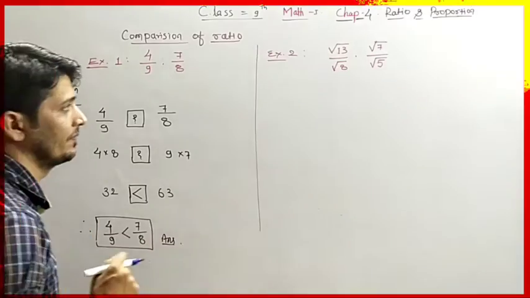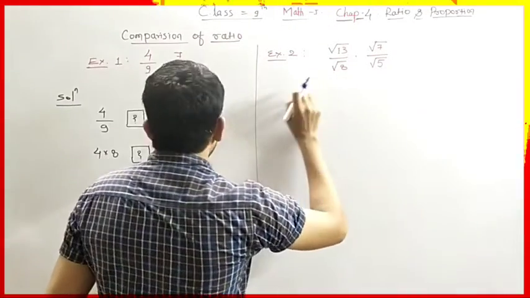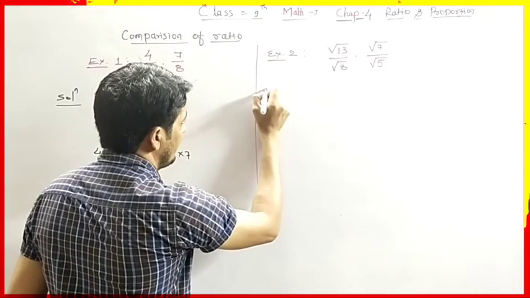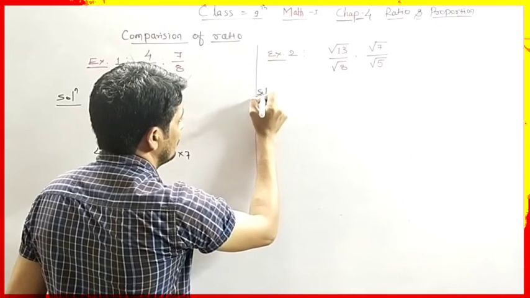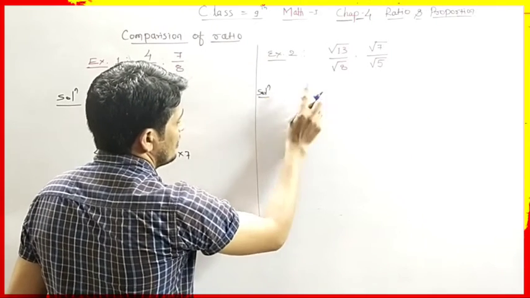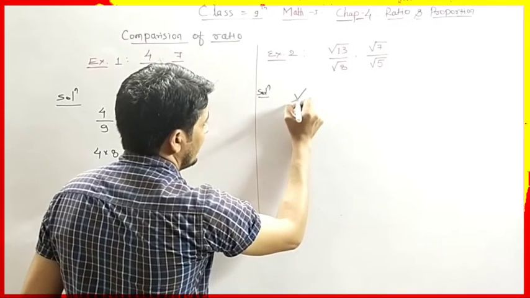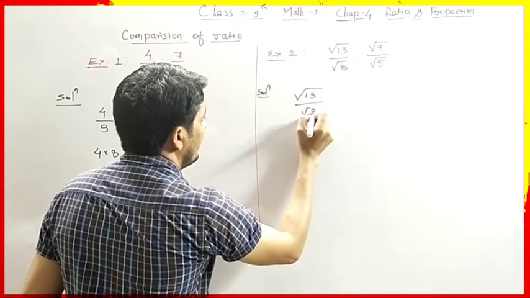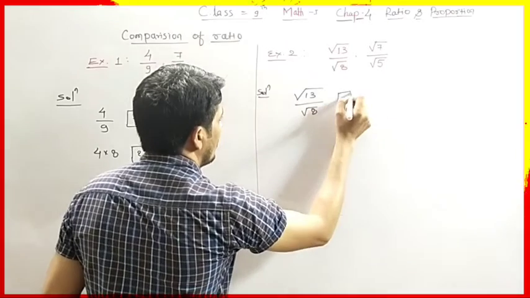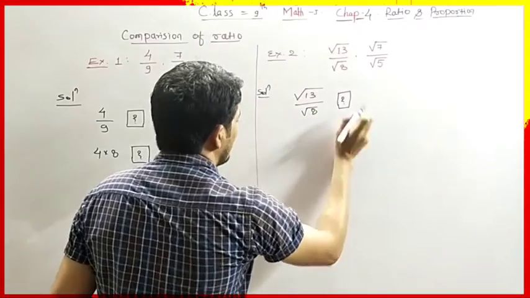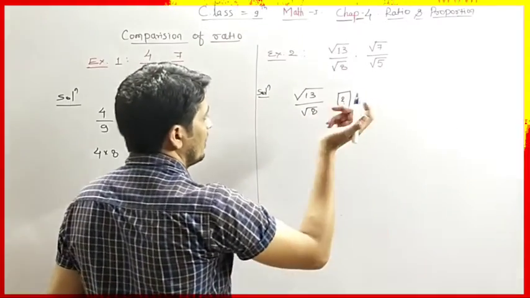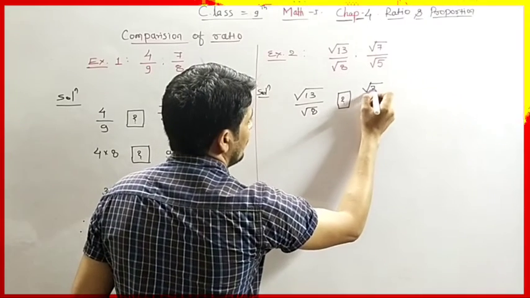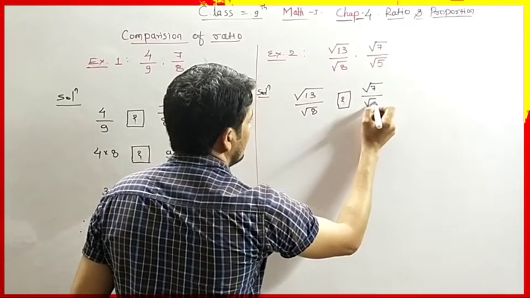Now, the second one. We solve it in the same way. Solution: we write root 13 divided by root 8, with a question mark in the box since we don't know whether they are equal, greater or smaller, then root 7 divided by root 5.